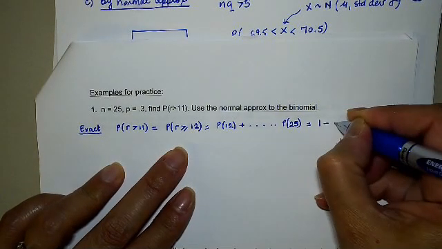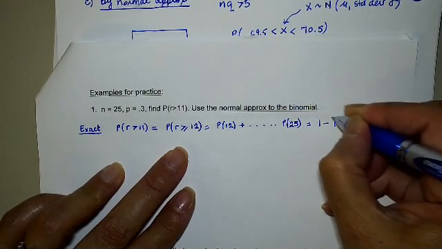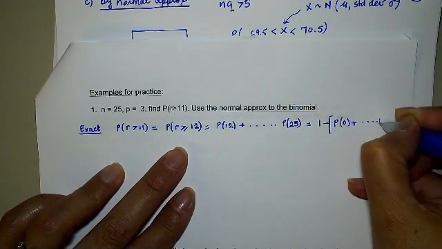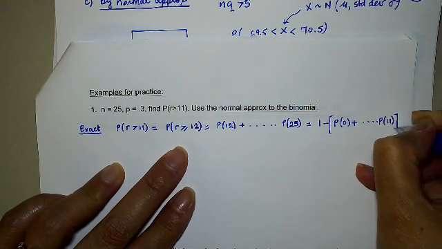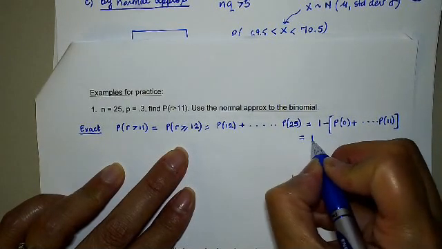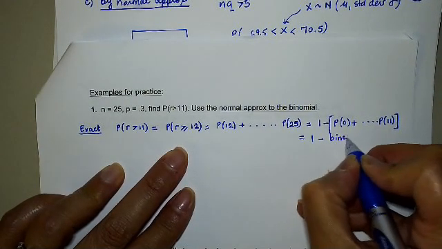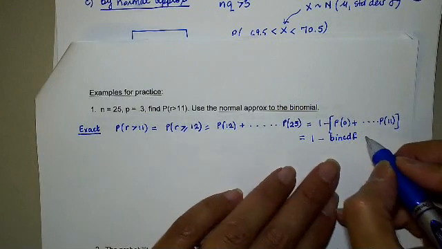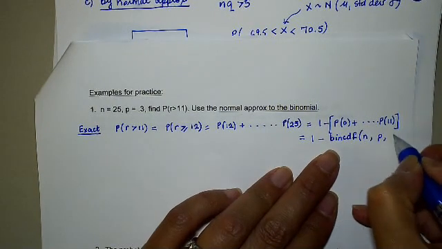So this is equal to probability of 12 all the way to 25. Who's missing? 0 through 11 are missing. So this is 1 minus the probability of 0 through 11.